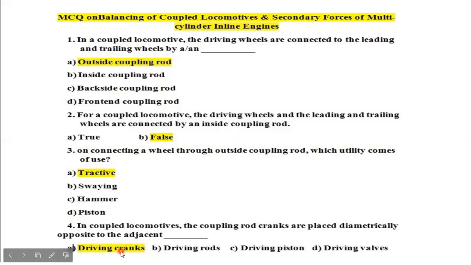And next is, in coupled locomotive, the coupling rod cranks are placed at a position which is diametrically opposite to the driving crank. This driving crank is also called the main crank. So the answer is driving crank.